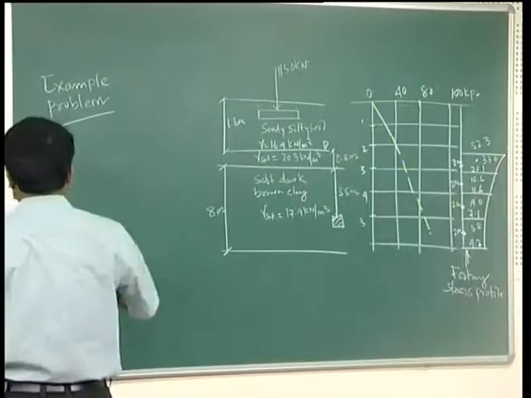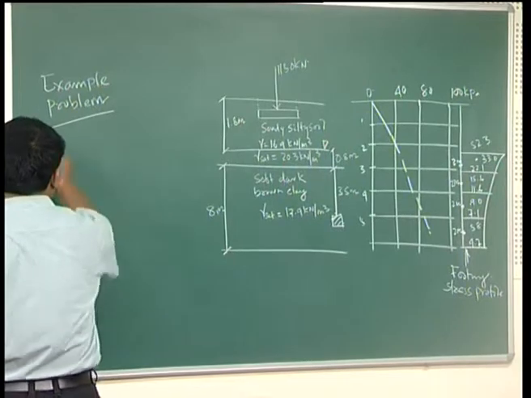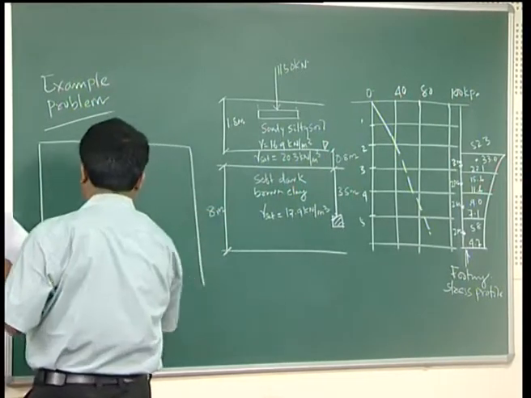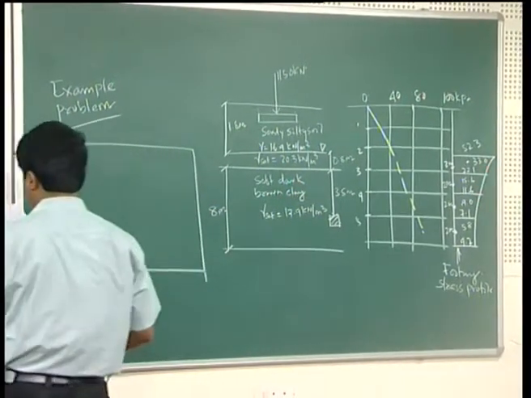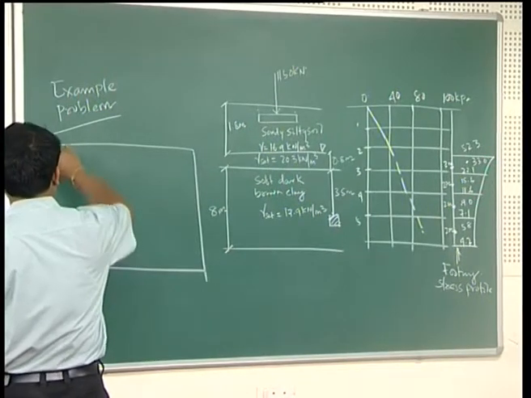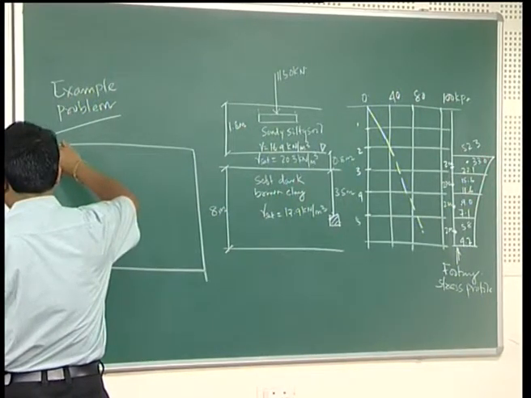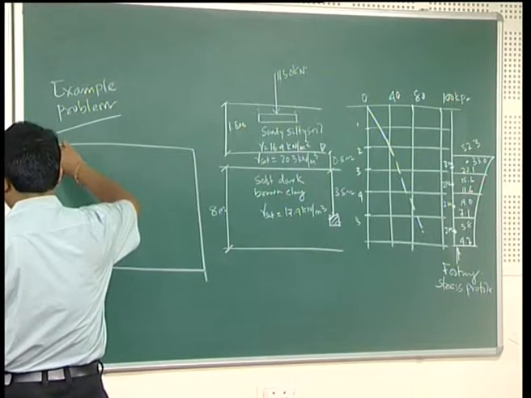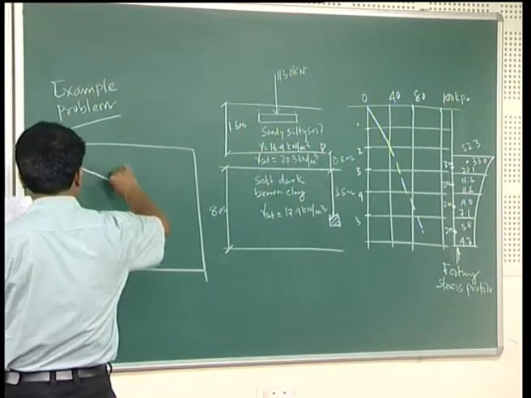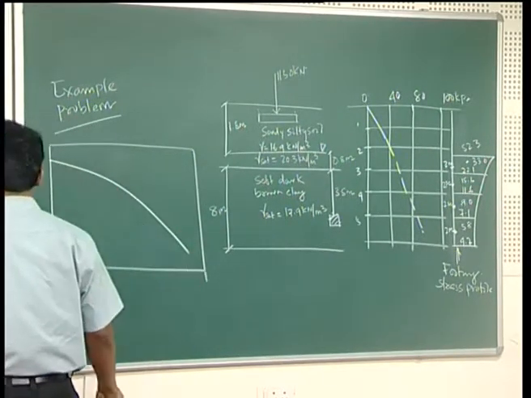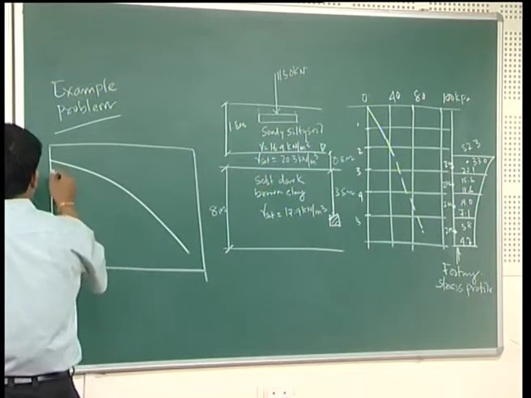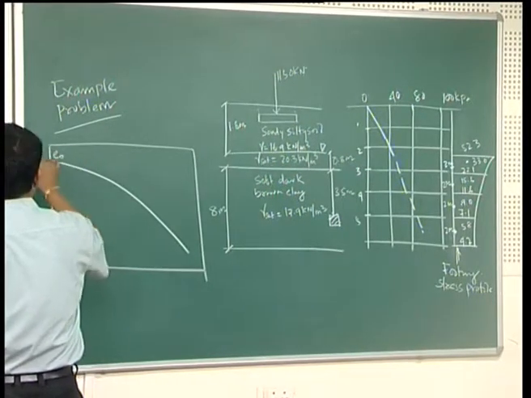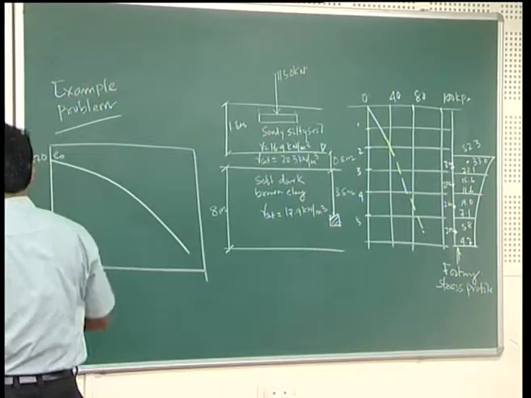Another part is given. This is your consolidation problem. Consolidation diagram is given. Now, E0 is equal to 1.20.